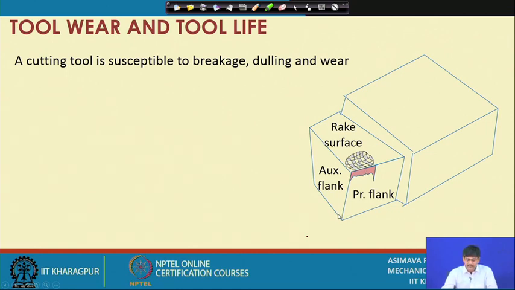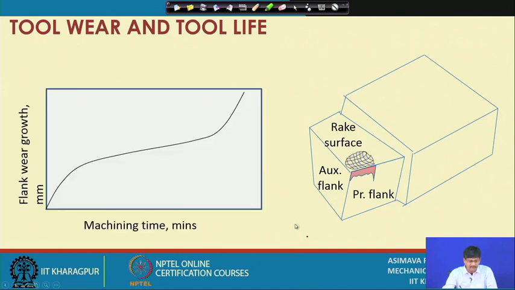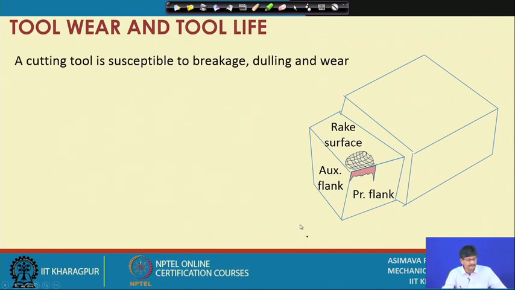Why so? This is because the tool will be deteriorating in quality when it is being put to use, where the chip is rubbing against the rake surface while moving and also applying a considerable amount of force, very frequently in the order of hundreds of newtons. So, the tool surface will undergo, first of all, a very slow process of wear and tear.